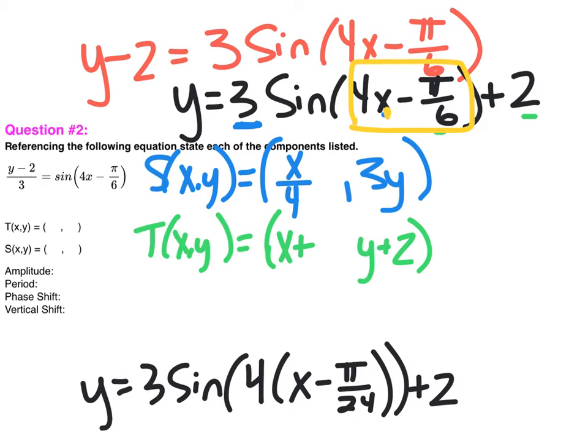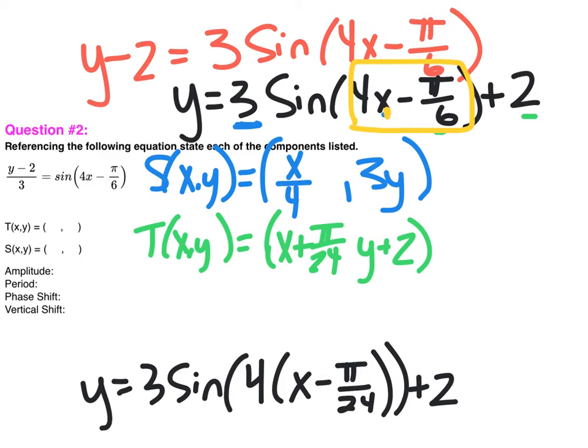So if I were to take this 4 here and redistribute it, 4 times x is the 4x. 4 times pi over 24 is the pi over 6. So now, again backwards for x, instead of minus pi over 24, it's going to be plus pi over 24.